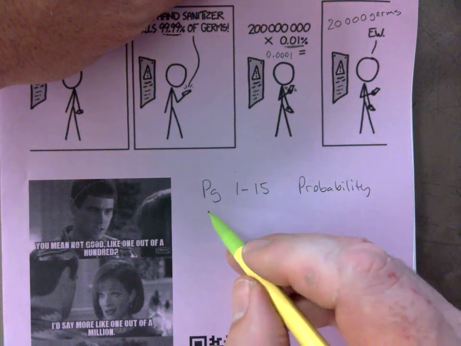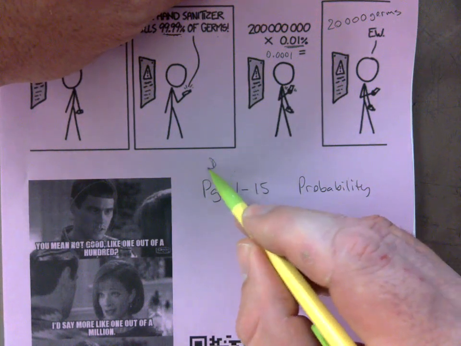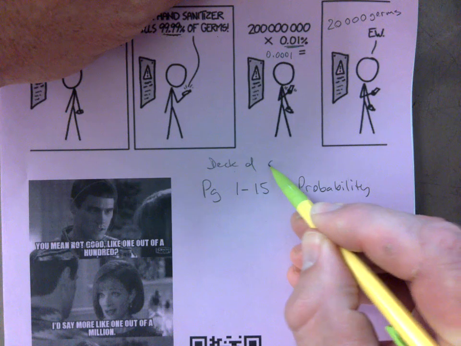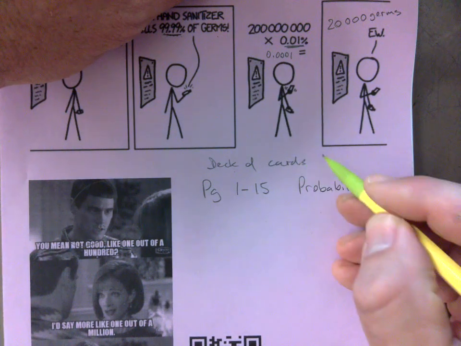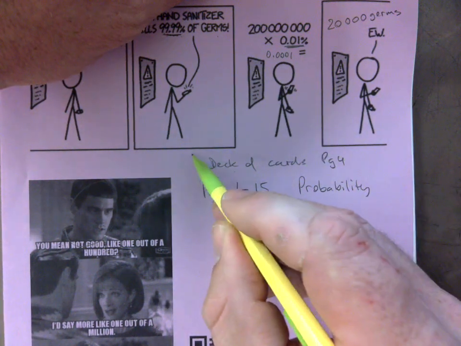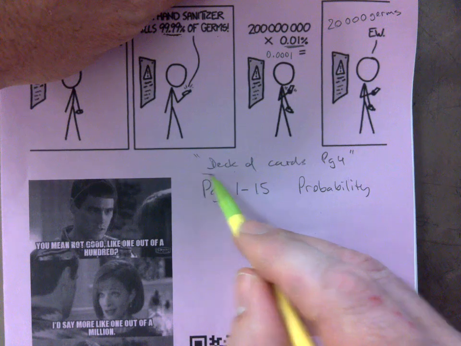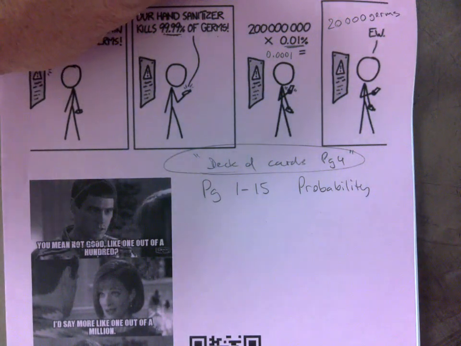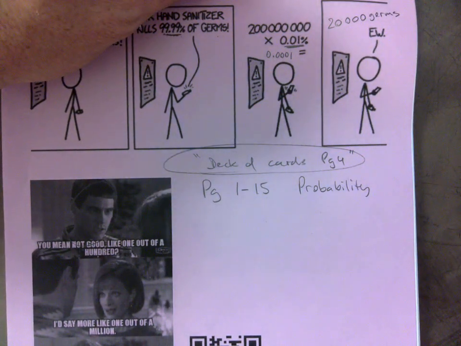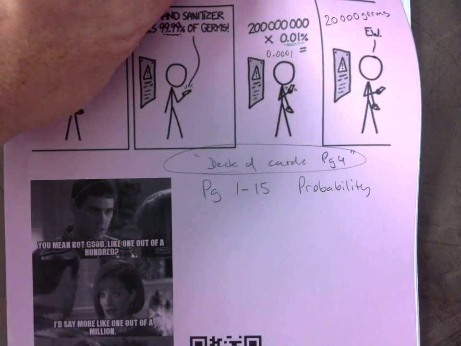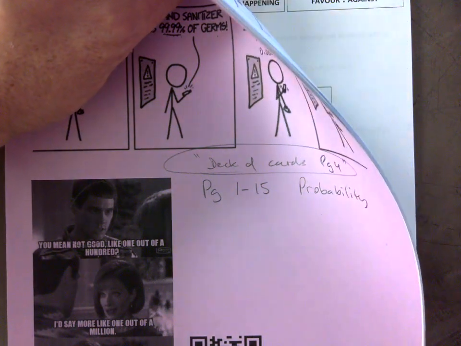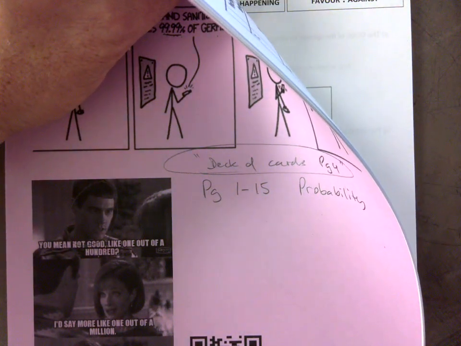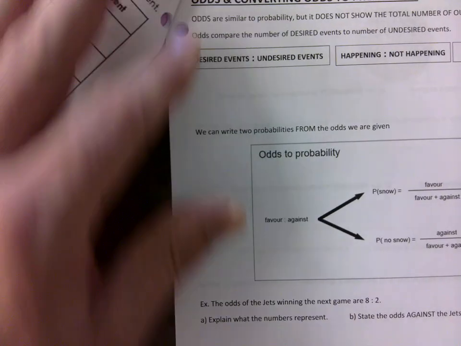Shall I say deck of cards? Page 4. This is just a little side note, right? Deck of cards is on page 4 if you ever need to go get it. You can Google it, deck of cards, images, and then you'll see it, right? All right. We're going to go odds now.